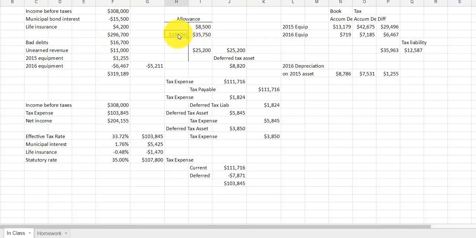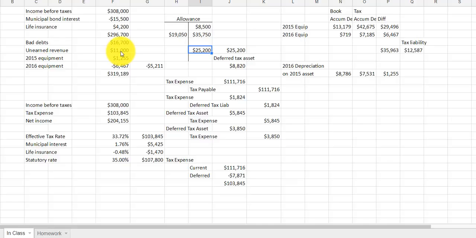We can only deduct this much on the tax return, and we recorded this much on the income statement. However, later when we're considering this deferred tax asset, our cumulative difference between tax and our income statement is right here in the allowance, the ending balance of $25,200. So we'll come back to that.